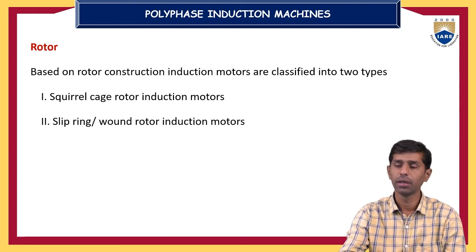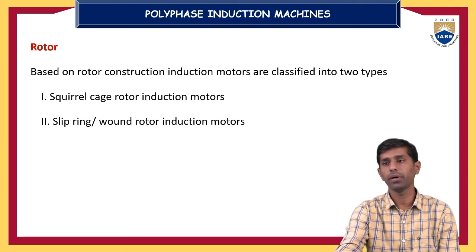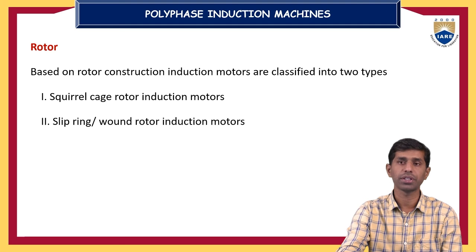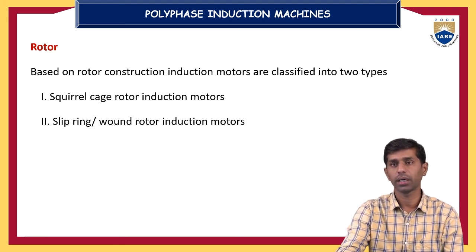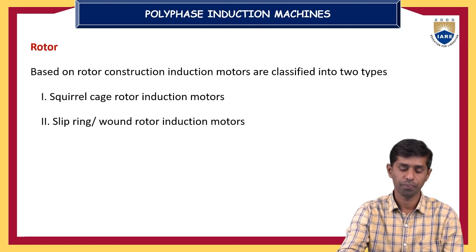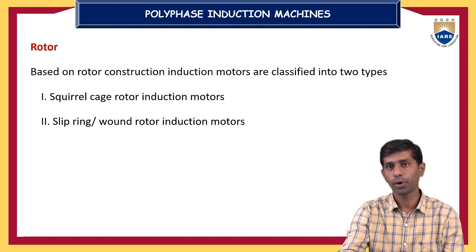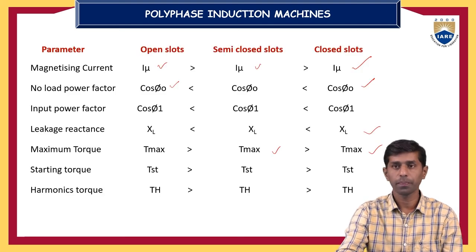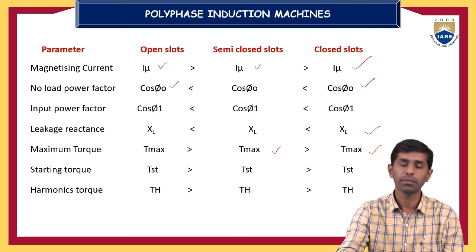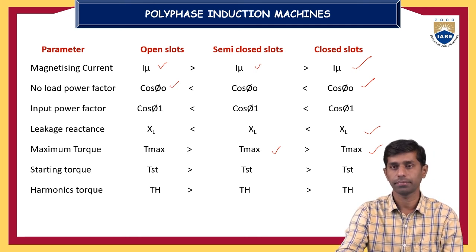Whereas in the case of DC machines, open type slots are preferred, and in the case of single phase machines, closed type slots are preferred to limit the starting current. And from the characteristics point of view, the induction motor has very similar characteristics to a DC shunt motor.